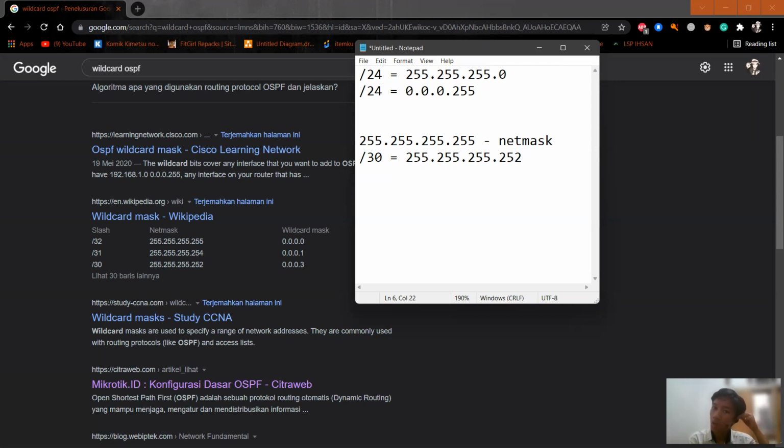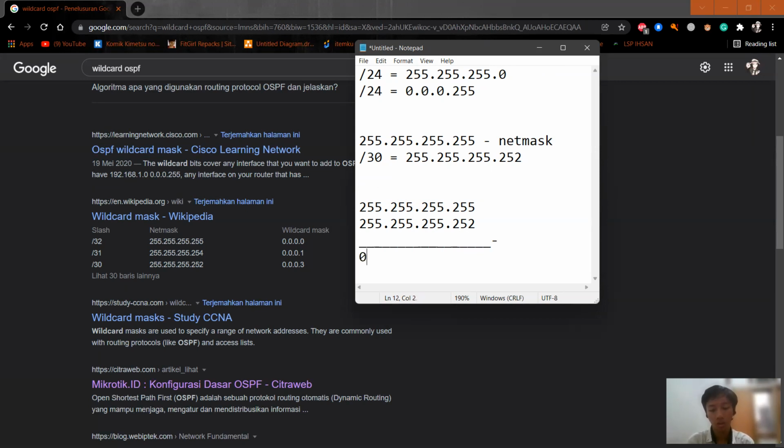So the wildcard is only 255 minus 252, which is 3.